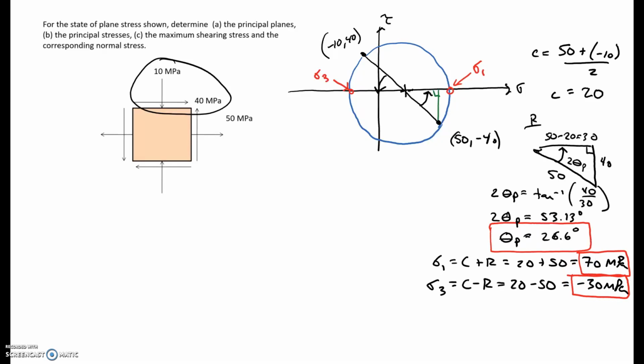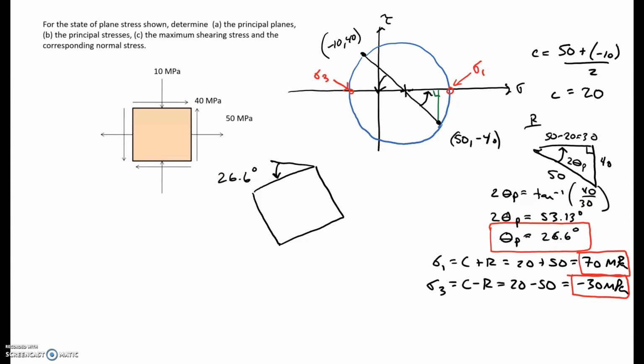If I wanted to draw that on a rotated element, first I have to remember that the element is going to rotate, looks like counterclockwise, 26.6 degrees. So if I rotate it counterclockwise, something like that, this angle, theta p, is 26.6 degrees.